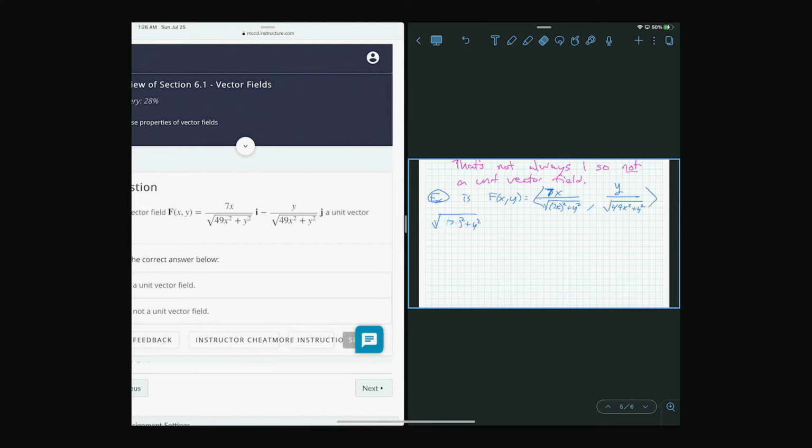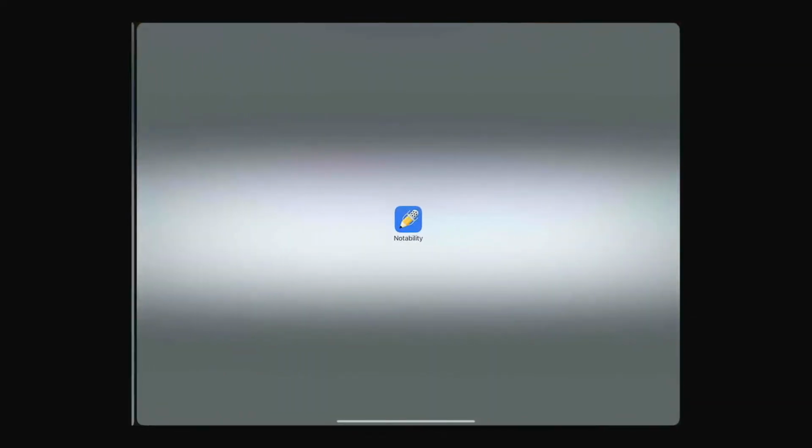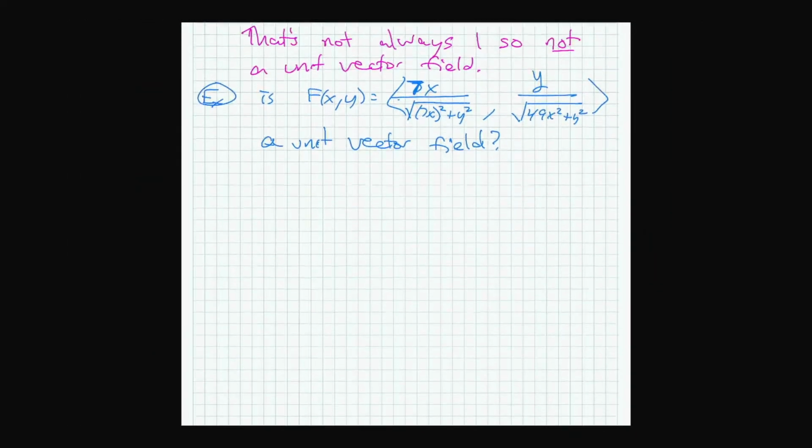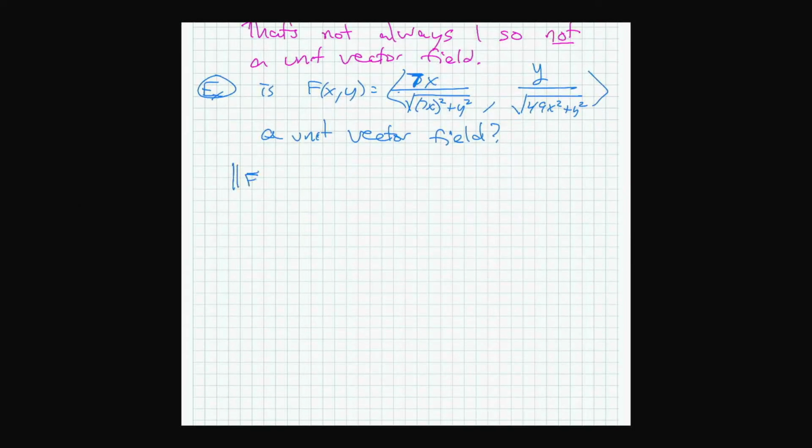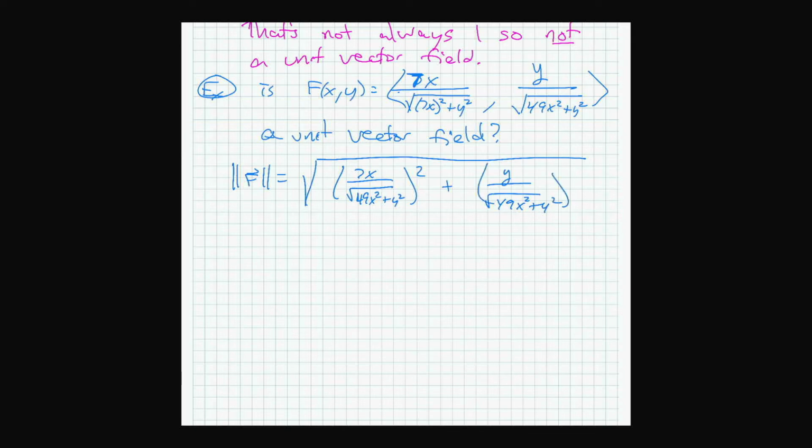So they say, is that a unit vector field? Yes, it is. How would you figure that out? Again, you just calculate magnitude f. It would be 7x over the square root of 49x squared plus y squared, plus y over the square root of 49x squared plus y squared.